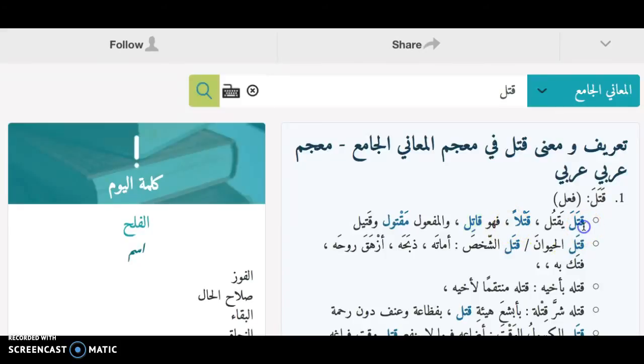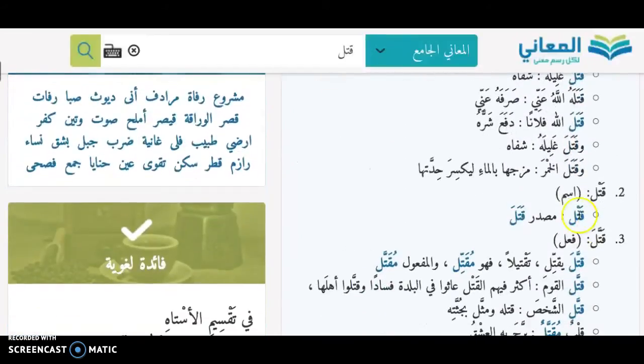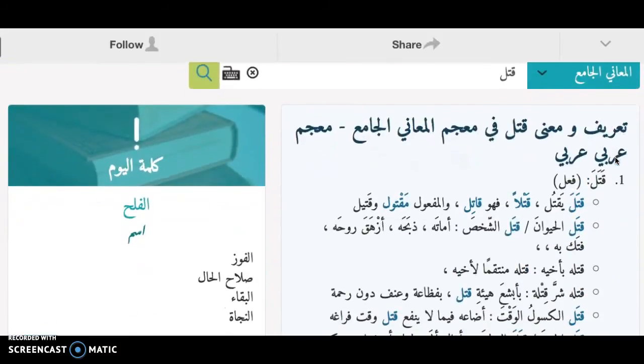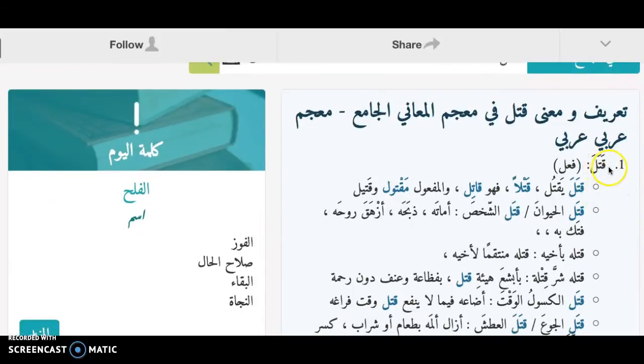So qatala: once you put this, it tells you in brackets that it's a fa'il, could be an ism. The other one is an ism when there's a sukoon in the middle. See that? But it tells you that this one, number 1, qatala, is a fa'il.